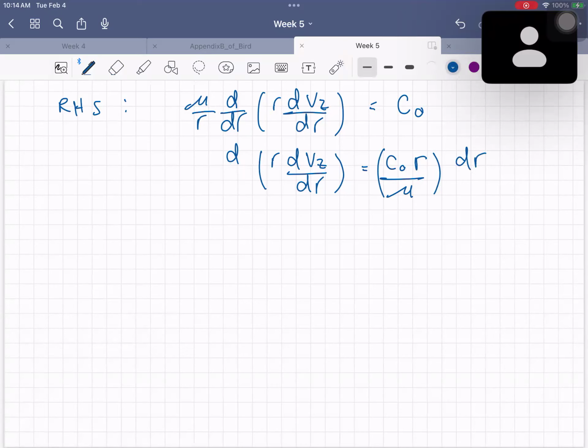All right. So now you can integrate it, okay? So it will be dvz/dr equals C0 r squared over 2 mu.